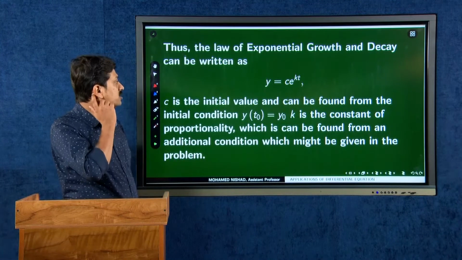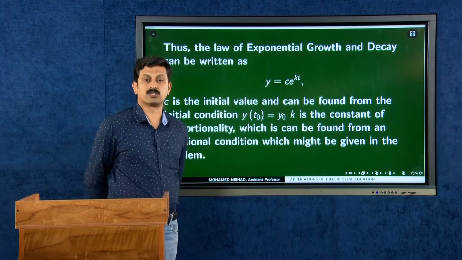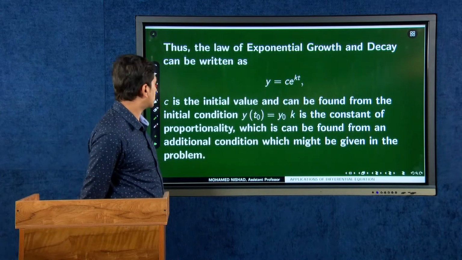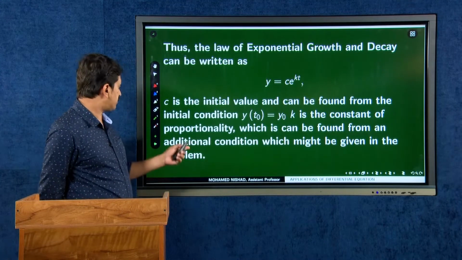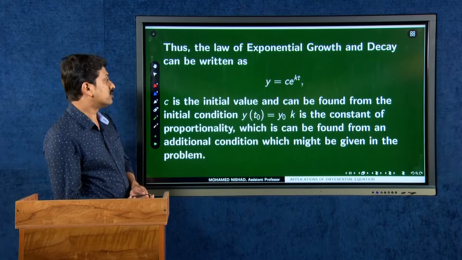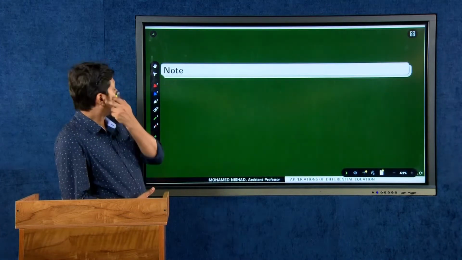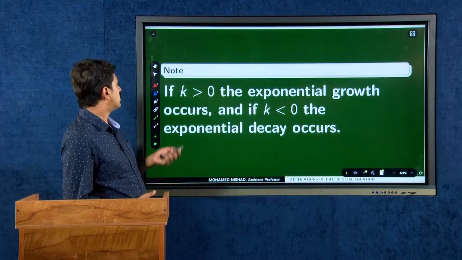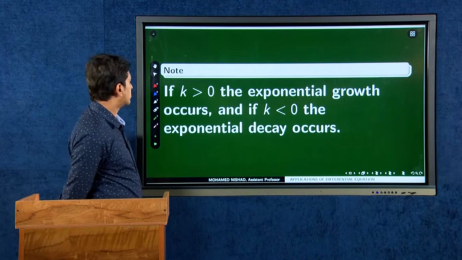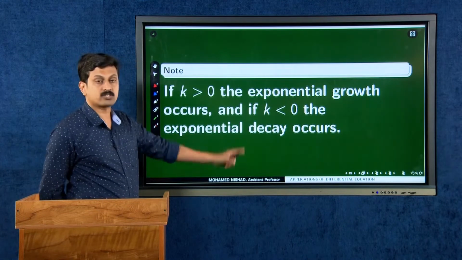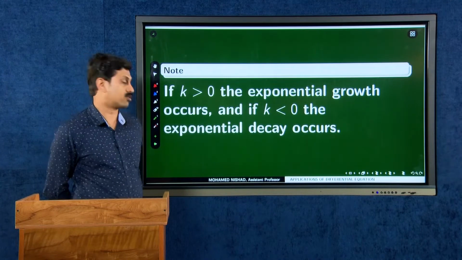C is the initial value that can be found from the initial condition y of t naught is equal to y naught. K is the constant of proportionality, which can be found from an additional condition that might be given in the problem. Note that if k is greater than 0, then exponential growth occurs, and as we discussed before, if k is less than 0, then exponential decay will occur.